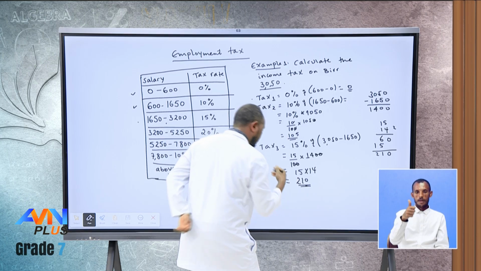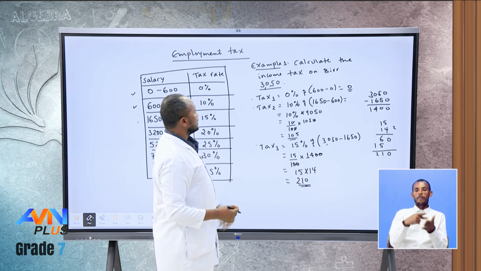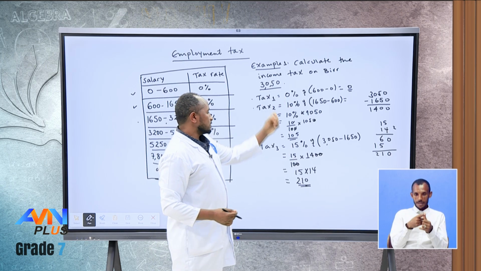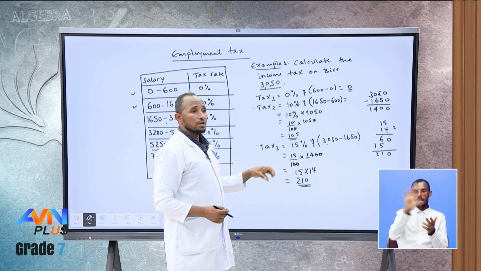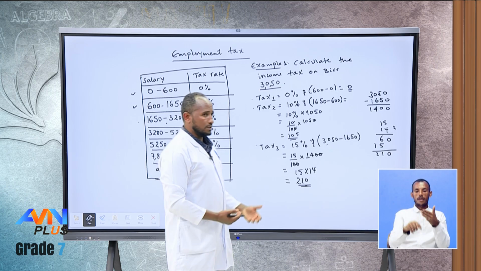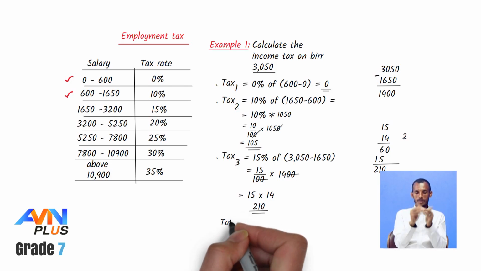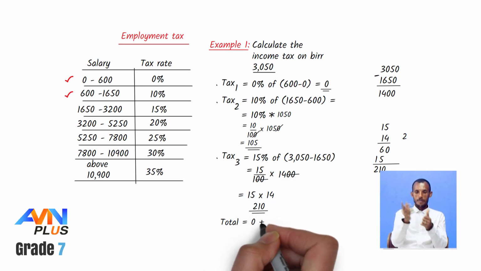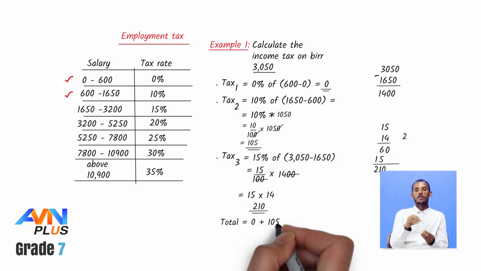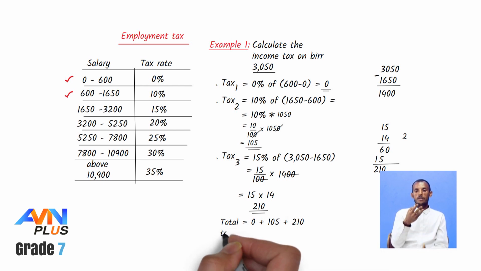Therefore, the total tax payable will be 0 on the first interval, 105 on the second, and 210 on the third interval. The sum of these three gives us the tax that should be paid. Total tax is 0 plus 105 plus 210.